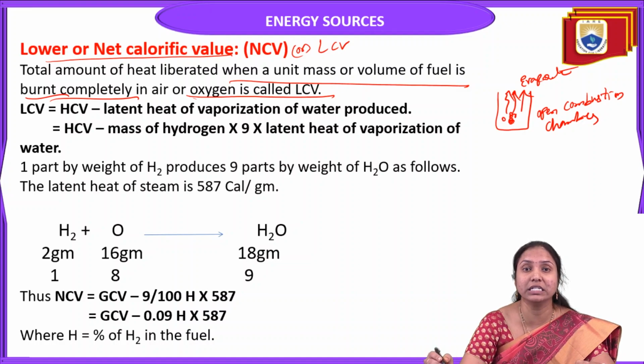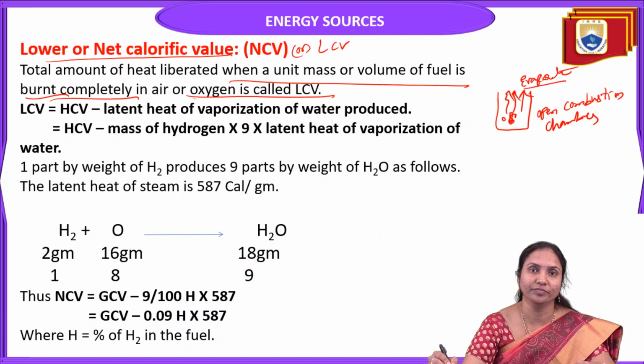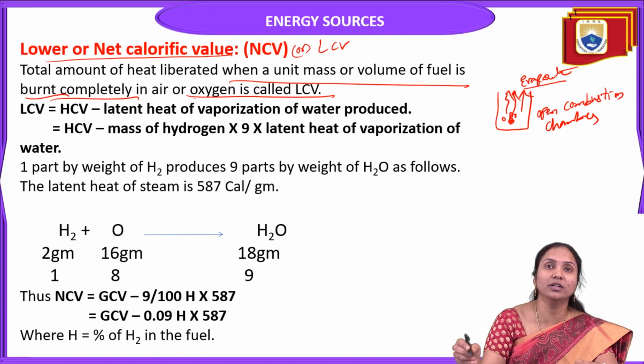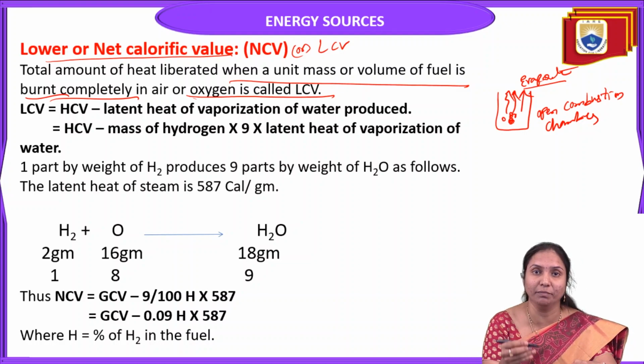For example, when this fuel is burned in an open chamber, it produces vapors that evaporate into the atmosphere. So in this case, we consider only how much heat is liberated when a unit mass of fuel is burned in the presence of air or oxygen. It is called low calorific value or net calorific value.